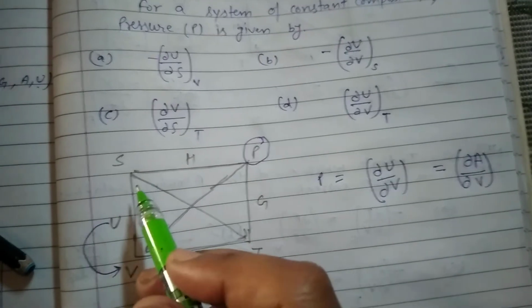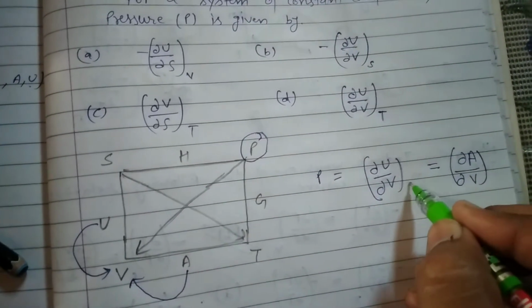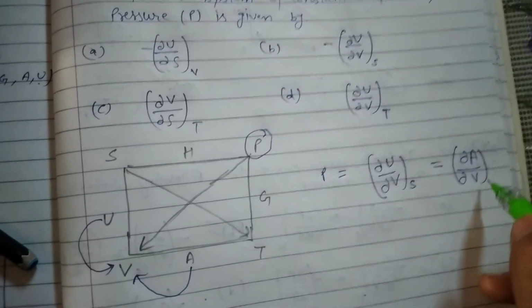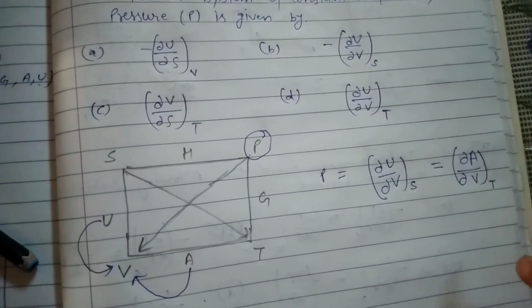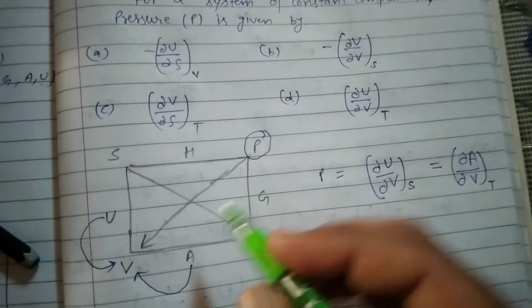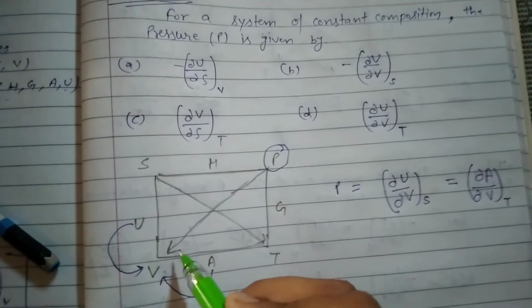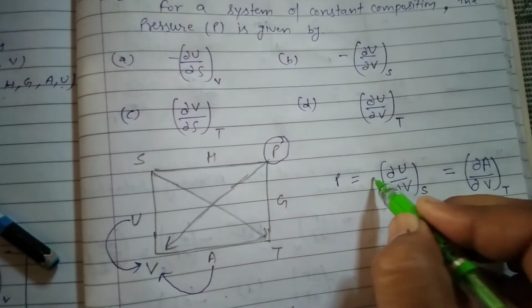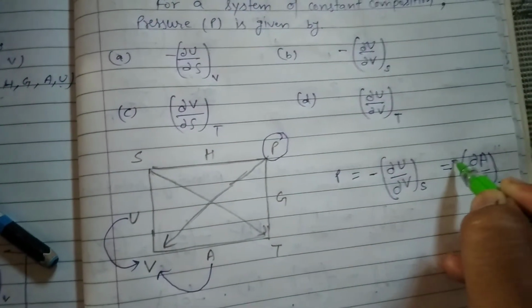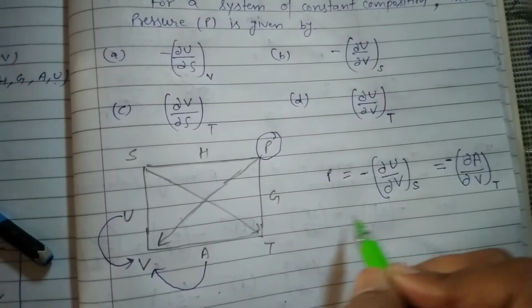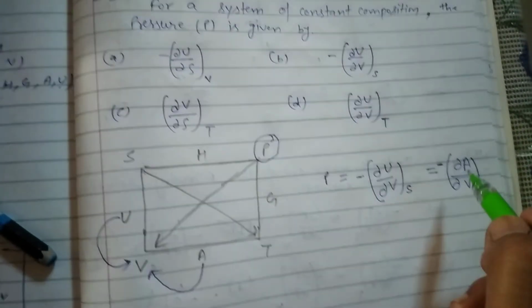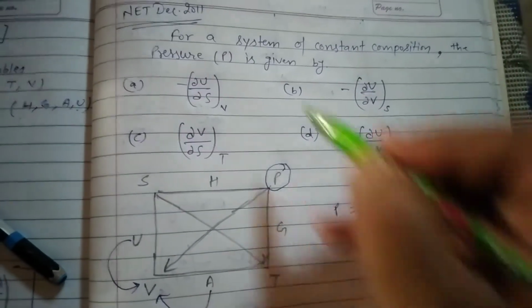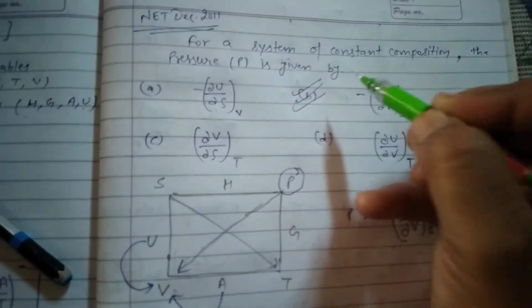Entropy is on the side of internal energy, so S will be the constant there, and temperature will be the constant in this equation. Now we have to mention the sign. The sign will be negative because there is an arrow directing towards the volume. Negative, negative. So pressure will be equal to either this equation or this equation. So according to the above question, answer B is the correct option.